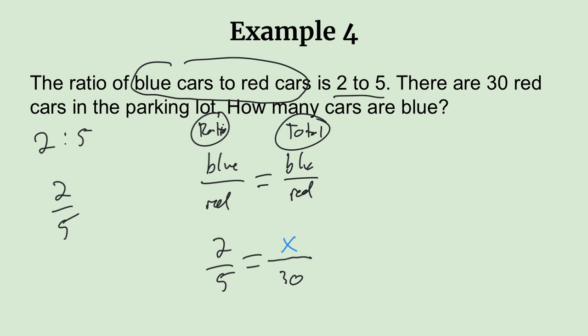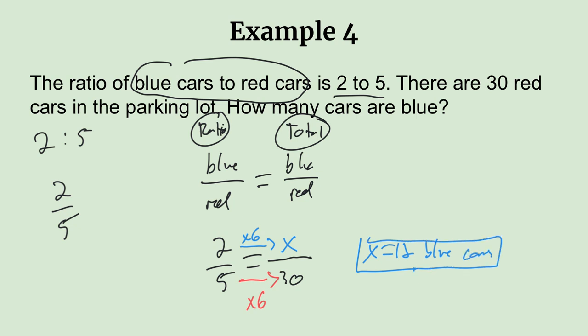There's multiple ways we could do this. Probably the easiest way is to look at how we get from 5 to 30. Well, we would multiply by 6. So that means we'd multiply the top by 6 as well, because whatever you multiply the bottom by, you multiply the top by. We get x equals 12. 12 blue cars. Don't forget your units.